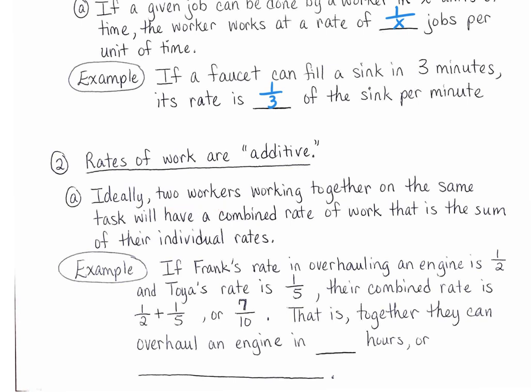So ideally, 2 workers working together on the same task will have a combined rate of work that is the sum of their individual rates. So if Frank's rate in overhauling an engine is 1/2 and Toya's rate is 1/5, their combined rate is 1/2 plus 1/5 or 7/10.